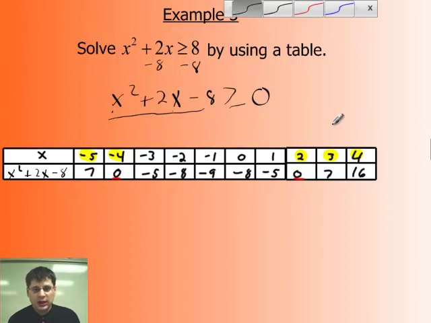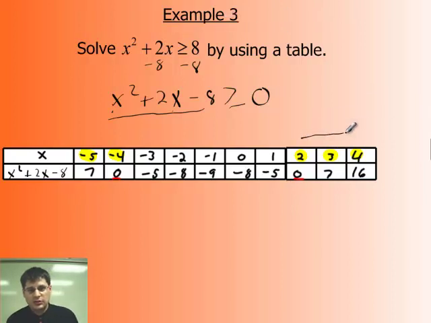So it seems like values greater than 2 and including 2, and values less than -4 and including -4 are what's going to be our solutions. And this is clearly going to be an or statement, since our arrows, if you will, or solutions are headed in opposite directions.